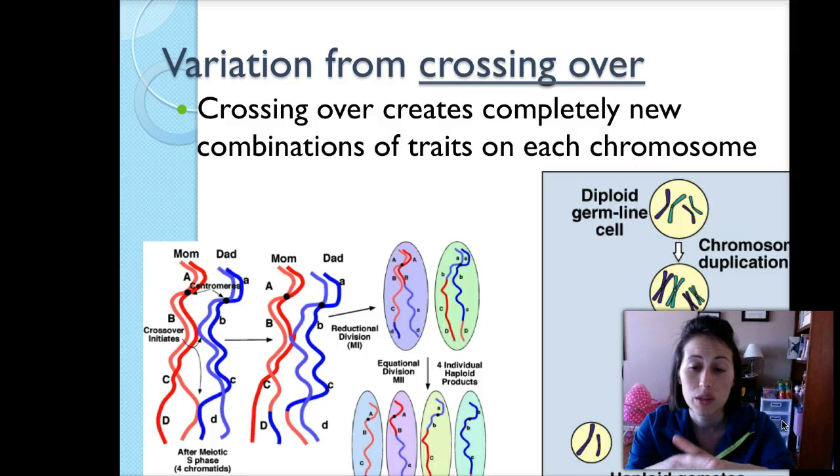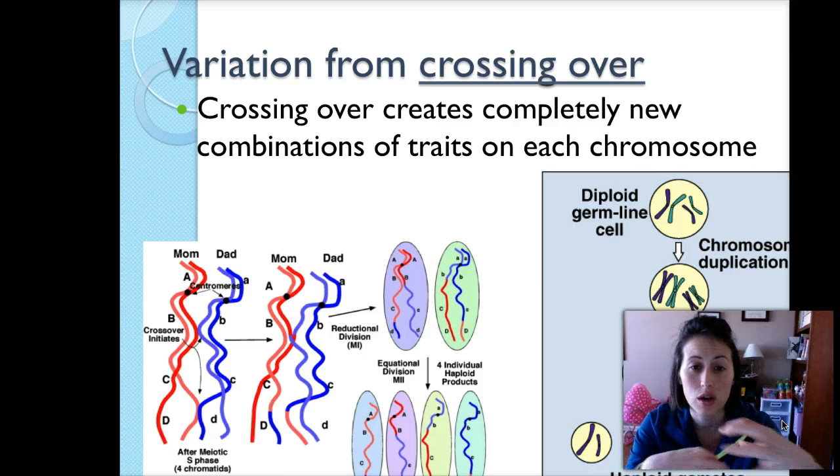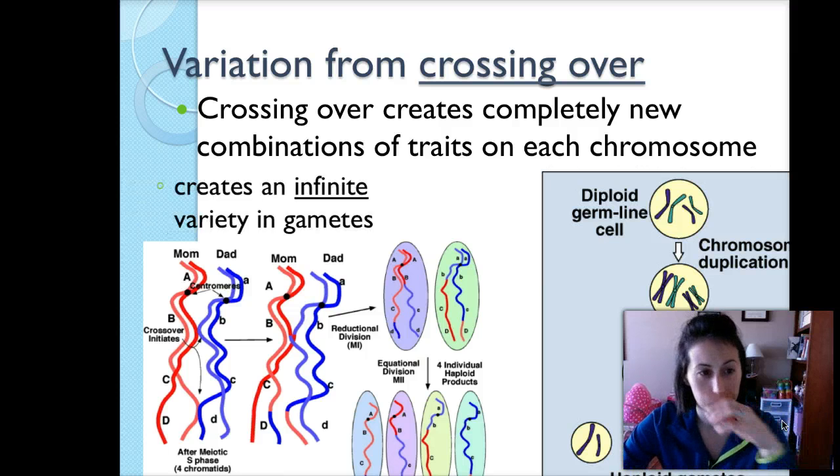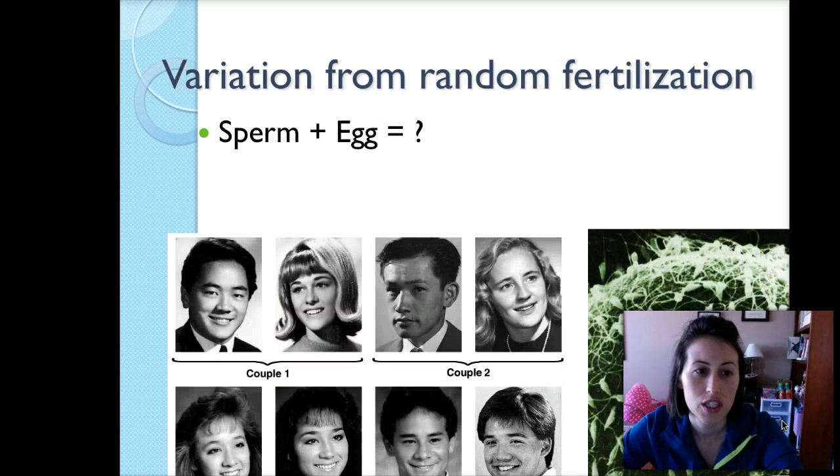If they touch more towards the middle, it's going to be a higher percentage of those genes that are being exchanged. Because of this, it creates an infinite variety of gametes. There are infinite possibilities of how these could be exchanged and how they could create variation.